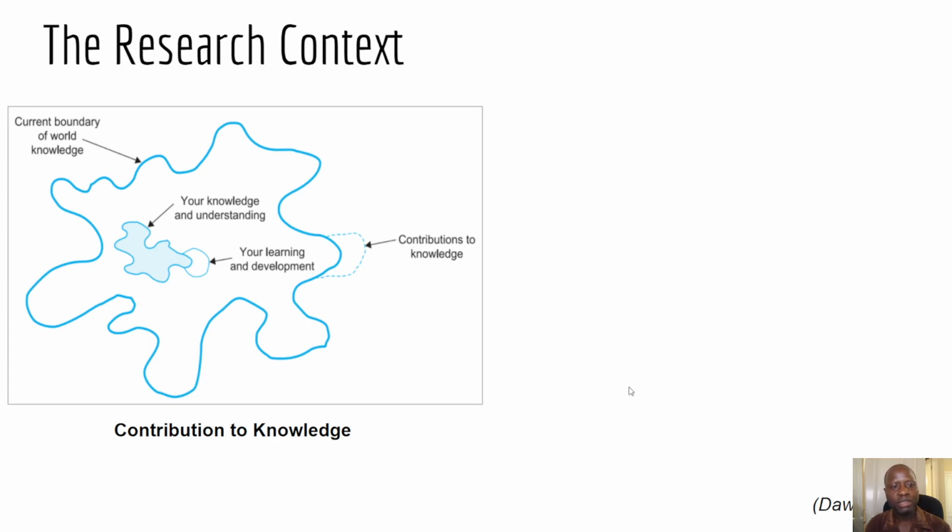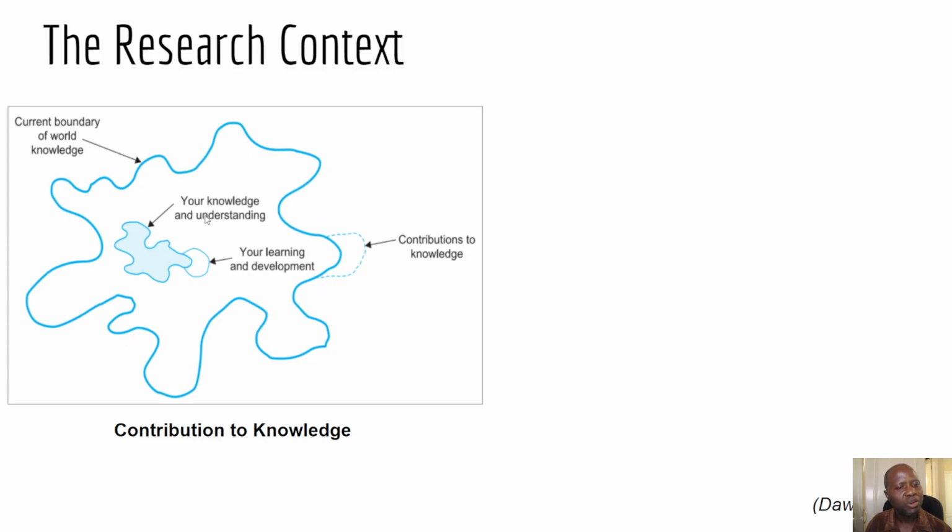The research context really revolves around contribution to knowledge. And I'm sure all of you are aware that when you are doing your PhD, you need to address a research problem that makes some contribution to knowledge. Notice in this diagram that the current boundary of the domain is the outer layer there.